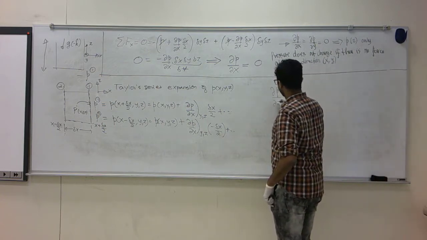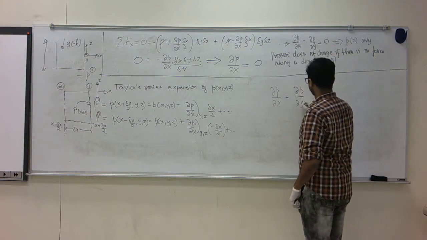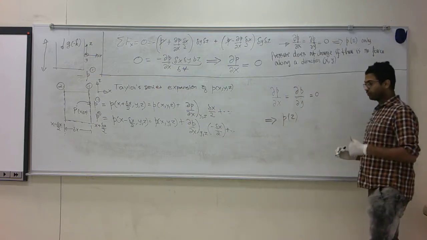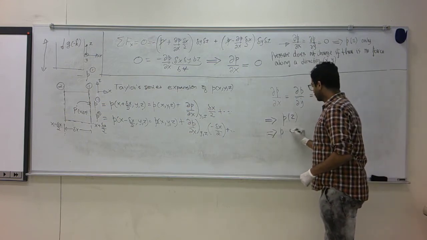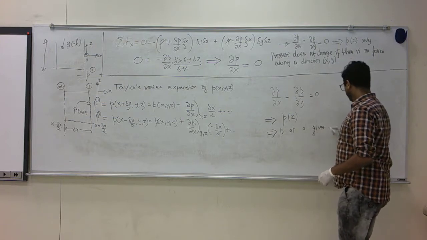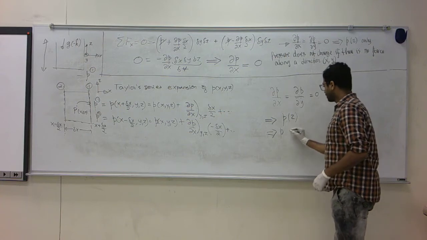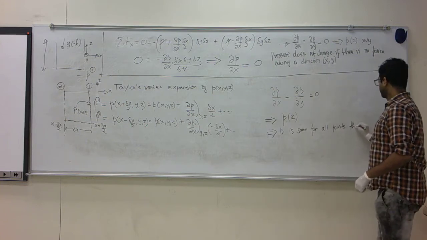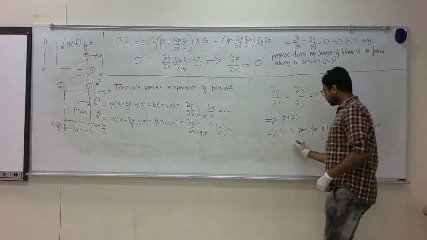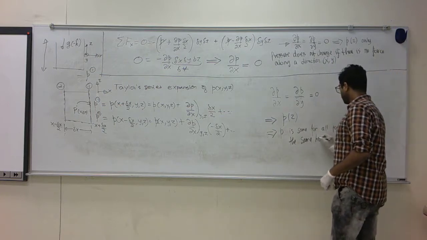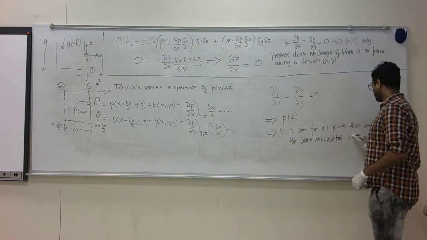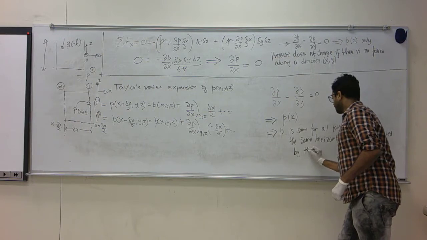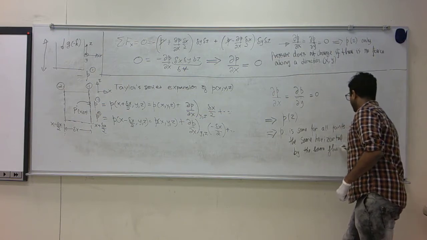The partial with respect to x and with respect to y is 0, which implies pressure is independent of x and y, first of all, and that implies the pressure at a given level is the same for all points that are in the same horizontal level and connected by the same fluid. What do I mean by that?